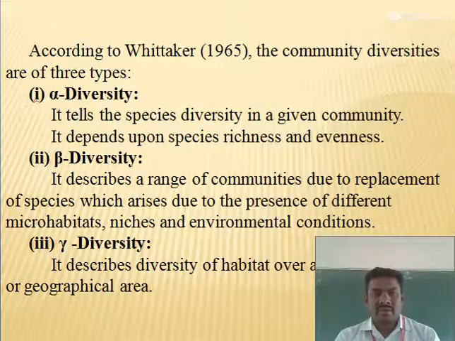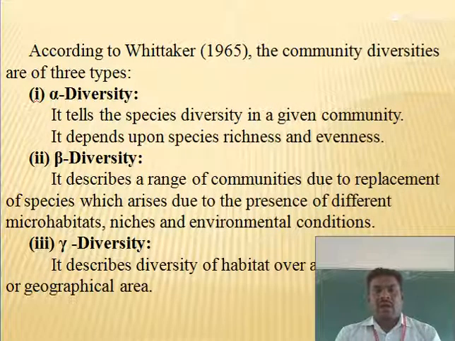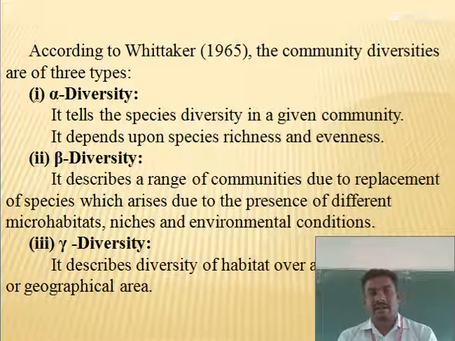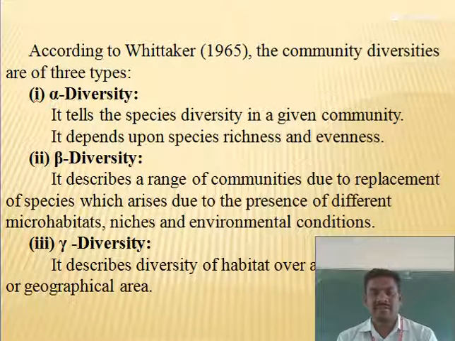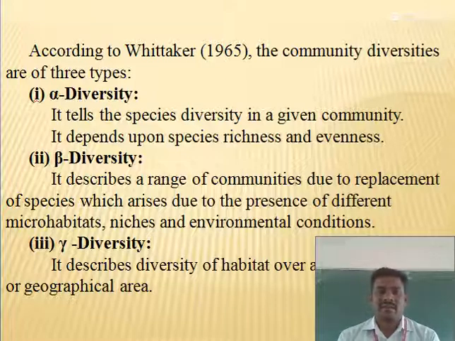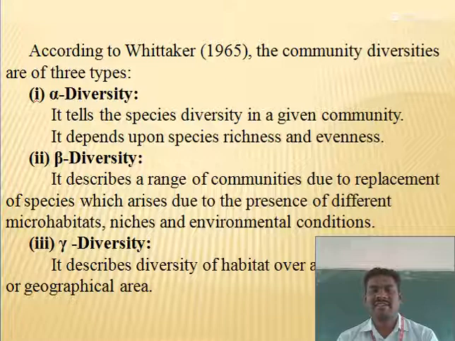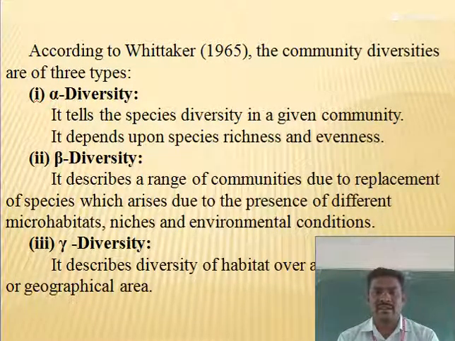Then, according to Whittaker in 1965, community diversity is of three types: alpha diversity, beta diversity, and gamma diversity. The alpha diversity tells the species diversity in a given community. It depends upon the species richness and evenness. Second one is beta diversity.